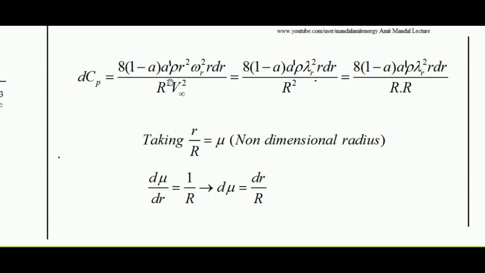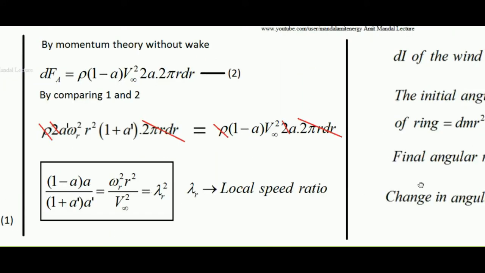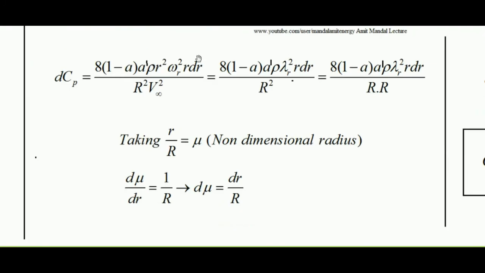Now furthermore, this R omega upon V infinity we have already defined, it is the local speed ratio. So in place of this R square omega square upon capital R square, I can write lambda r square, like this. So I am getting this. Ultimately I can write this r square r into dr. Now in case I am taking r by R as mu, it is called the non-dimensional radius.